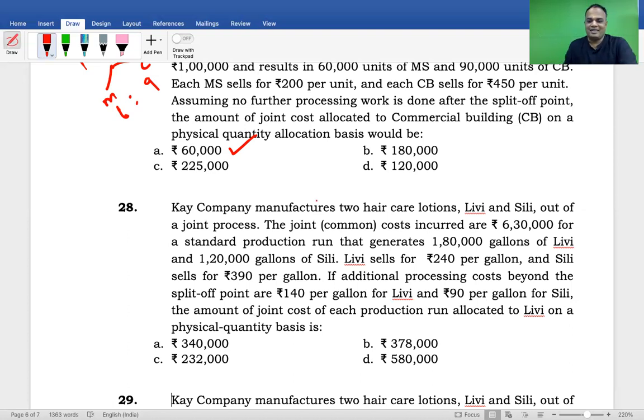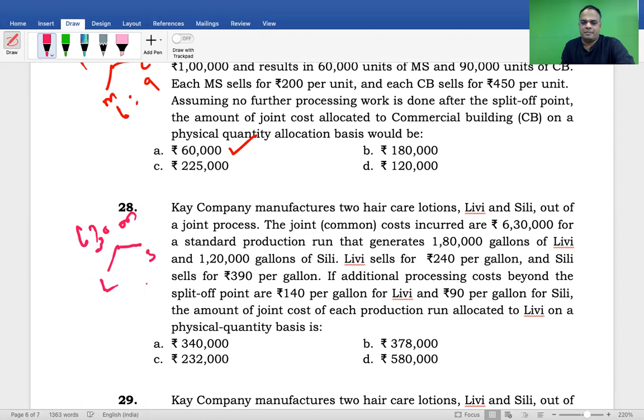Physical unit only. Okay, how much is the total joint cost? 6,30,000. That 6,30,000 we have to apportion between what and what? Livy and Silly. In what ratio? Physical unit only.